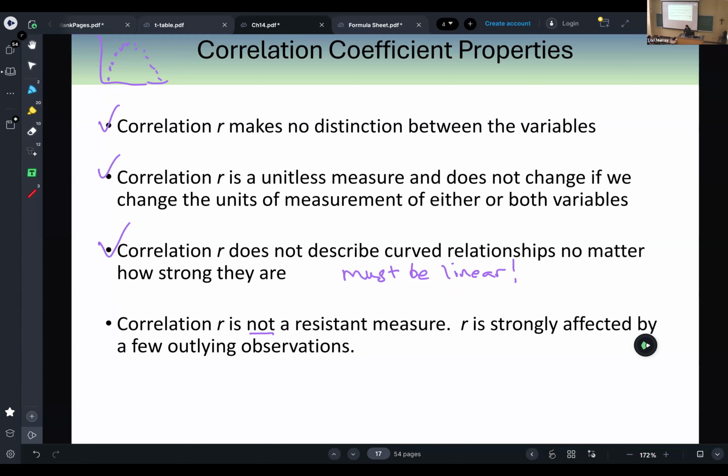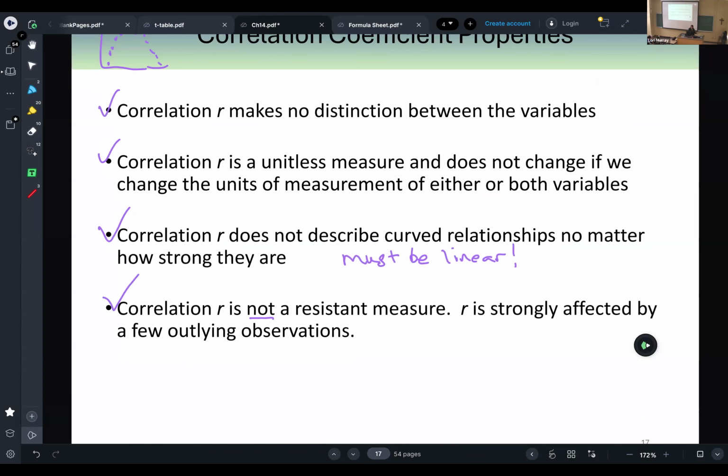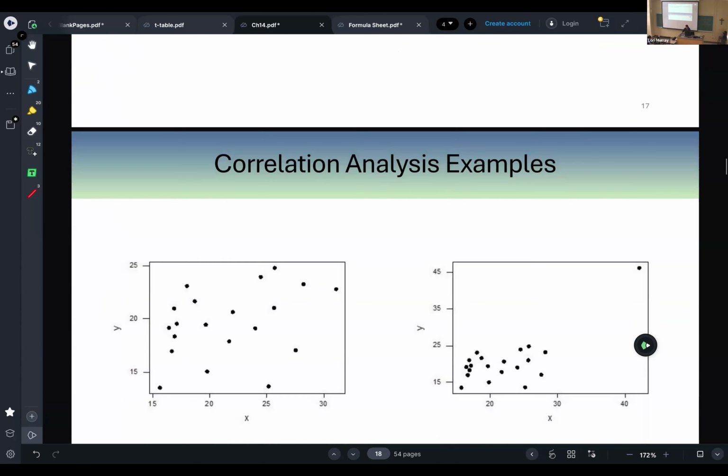If there are outliers, even just one extreme value can change the entire value. So it is strongly affected by even one outlier, and then the whole regression line is also affected. So you have to watch out for those extreme values.